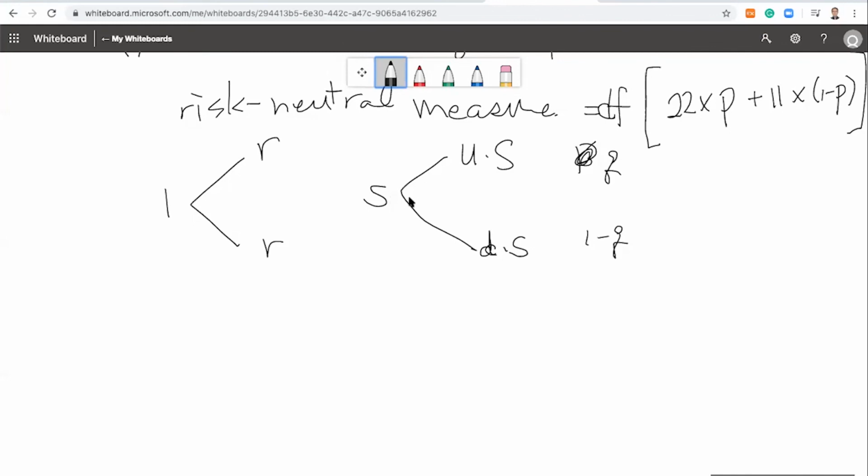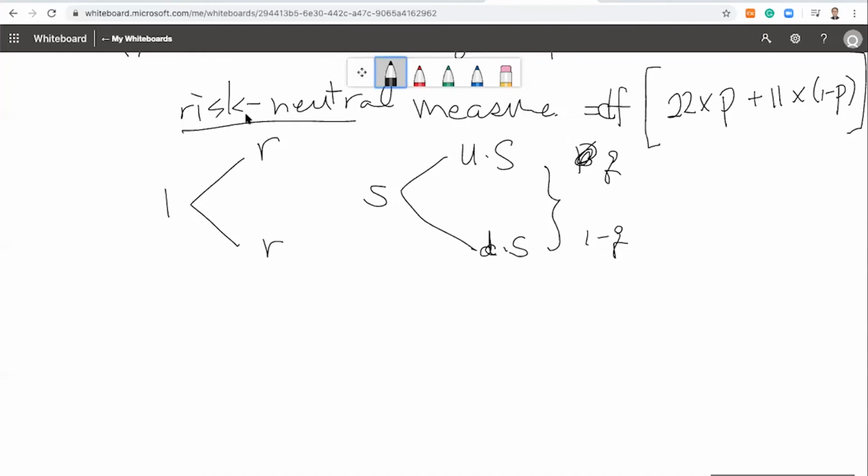I don't want to have this variability. But the risk neutral person does not care whether there is variability or not, as long as the expected value is the same. So let me show you what he thinks.